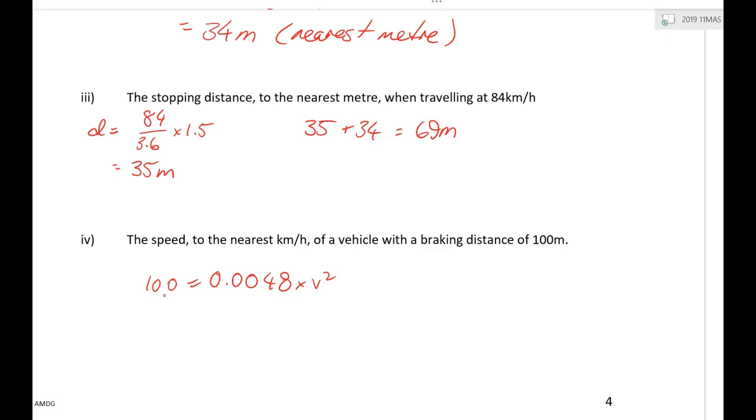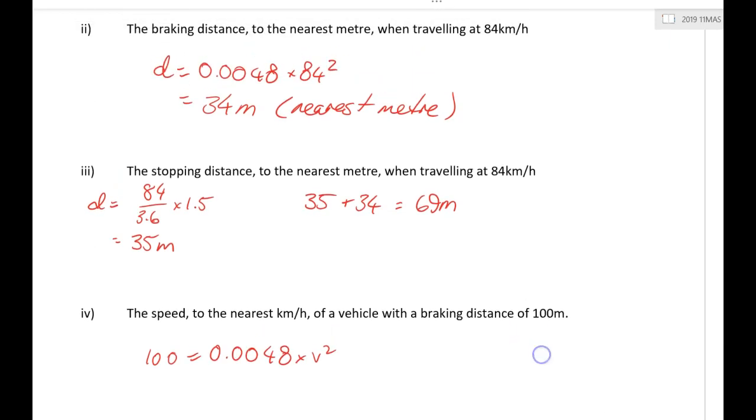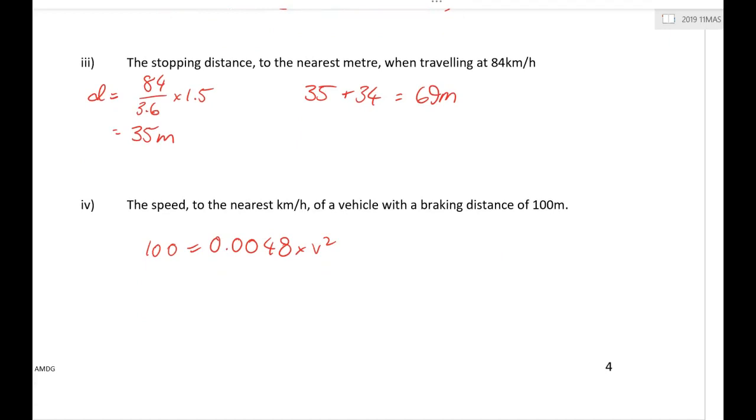It's going to be a bit more than 84 kilometres an hour, because at 84 kilometres an hour, our braking distance was 34 metres. So now v squared is 100 over 0.0048, and v equals the square root of 100 over 0.0048.